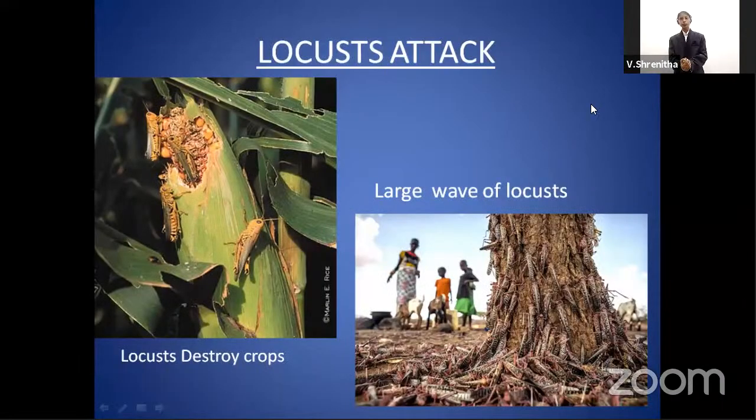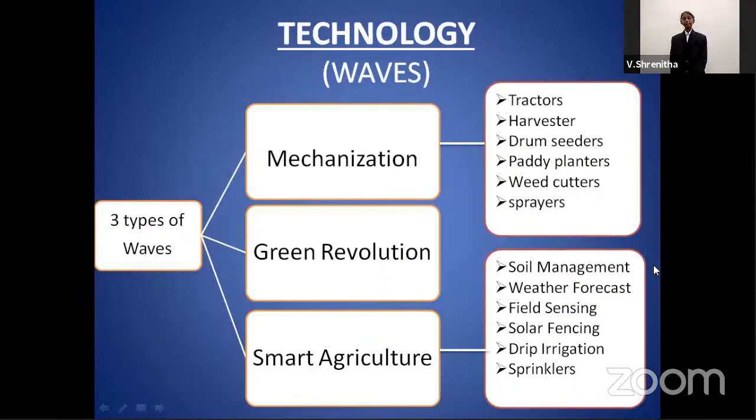Not only locusts, it also increases the survival of different types of worms, which cause severe damage to the crop. And climatic changes like sudden rains also cause less yields.